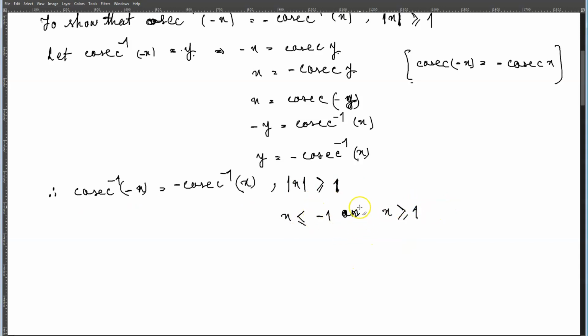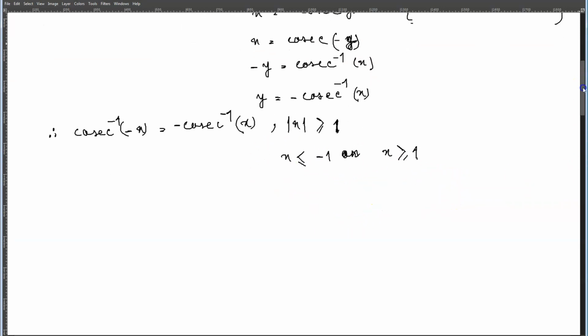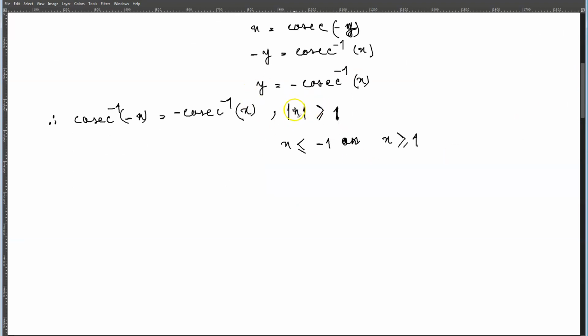And the reason for that is that the absolute value function always gives you a distance, meaning that the absolute value of x is equal to positive x if x is greater than or equal to 0, and it's equal to negative x if x is less than 0.